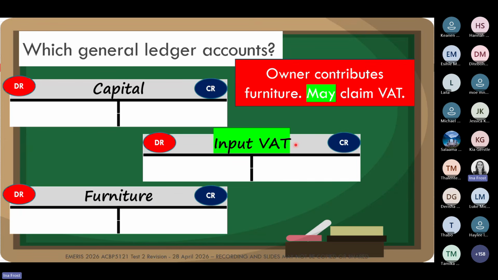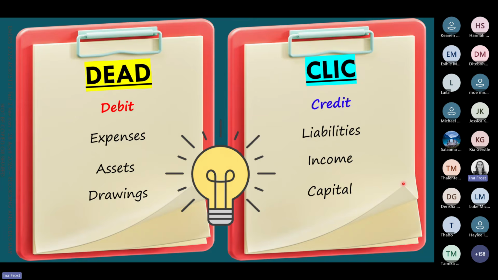Now, step number 2: we have to figure out whether we're going to debit or credit each of these 3 accounts. And this is where our good friend DEADCLIC comes into the scenario. Salama already told you earlier this morning that you must remember to use DEADCLIC, and she reminded you to write it on your test paper so that you don't forget.